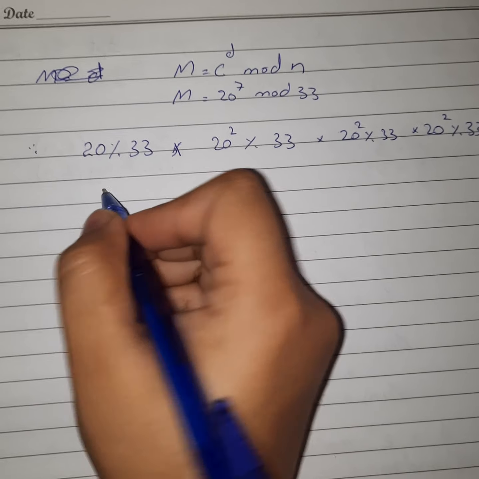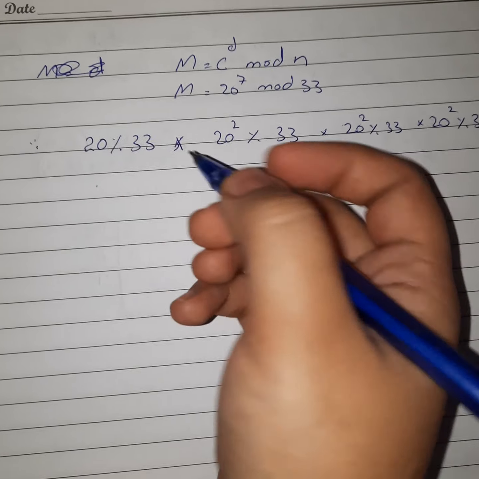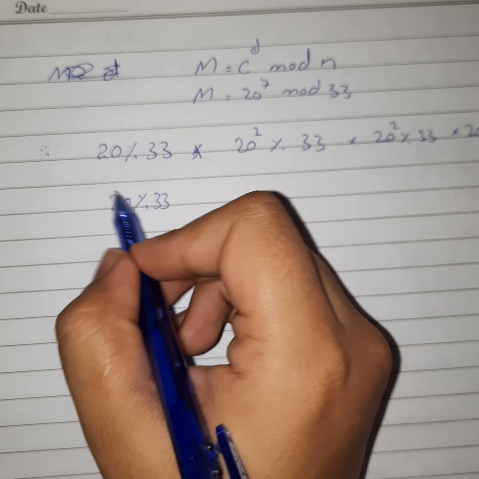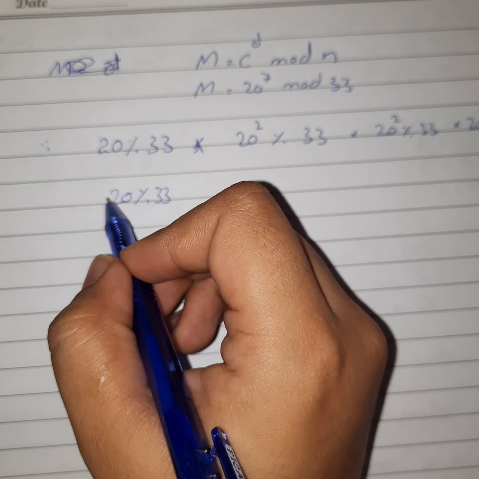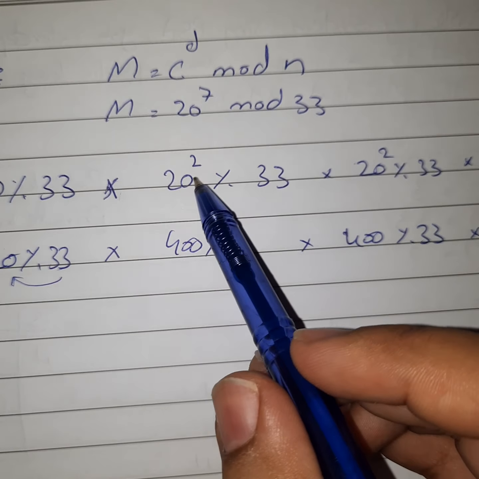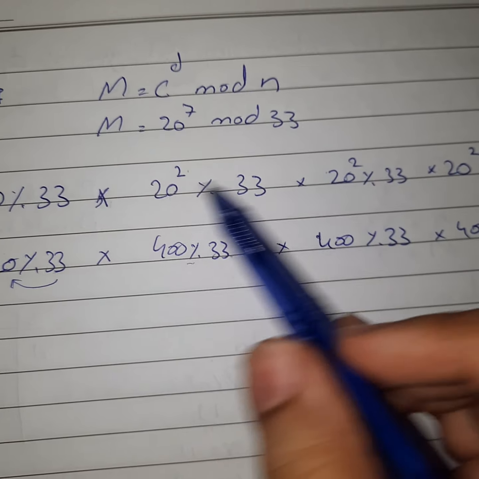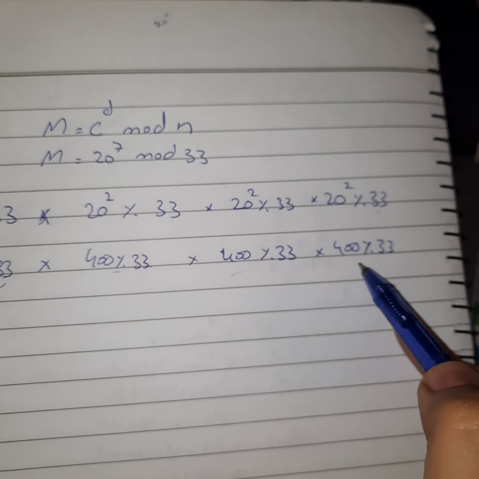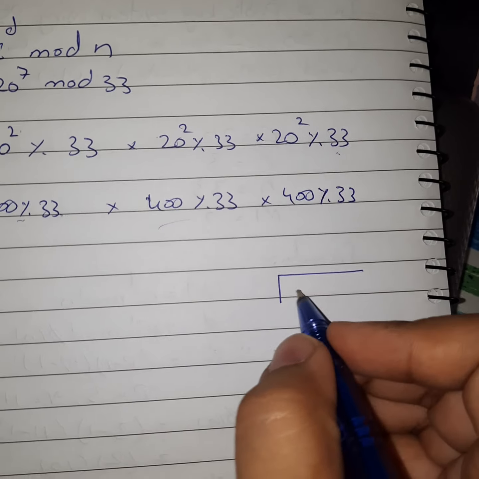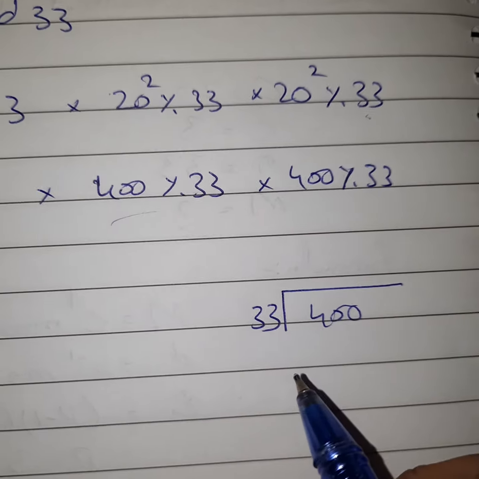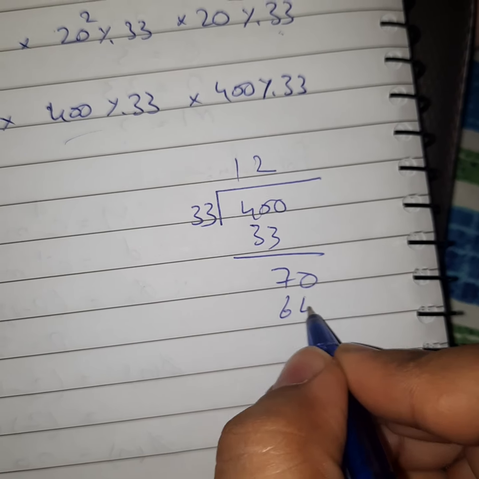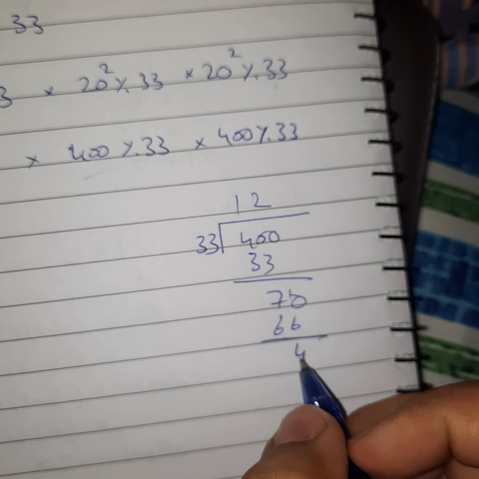We write 20 mod 33 as it is, because 20 is less than 33 so we cannot reduce it. We find 20 raised to power 2, that is 400 mod 33, and it is the same for every 20 squared. Now we find the mod of 400 with respect to 33. 33 times 12 is 396, so the remainder will be 4.